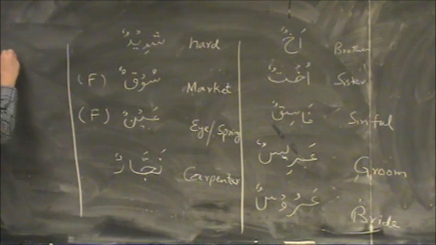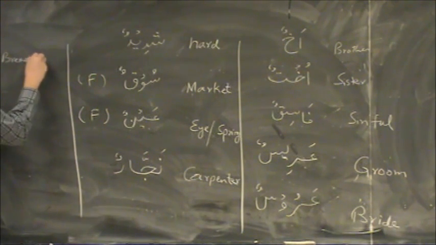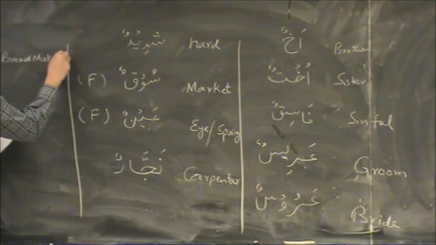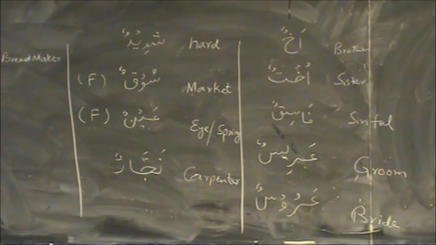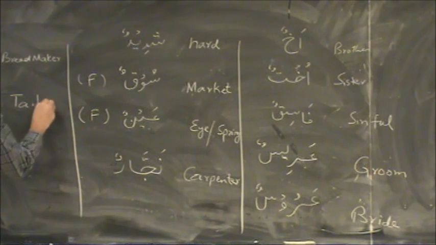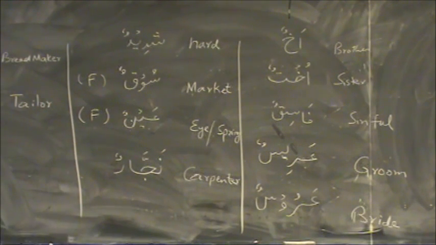Khabbaz means bread maker, or person who makes bread. So it also corresponds to real gender. So you should be able to make the feminine. Khayyatun. It means tailor. And tailor, it also has gender. So you should be able to make the feminine.